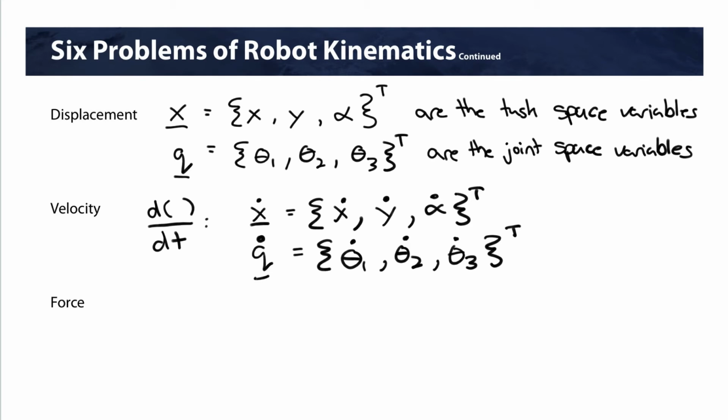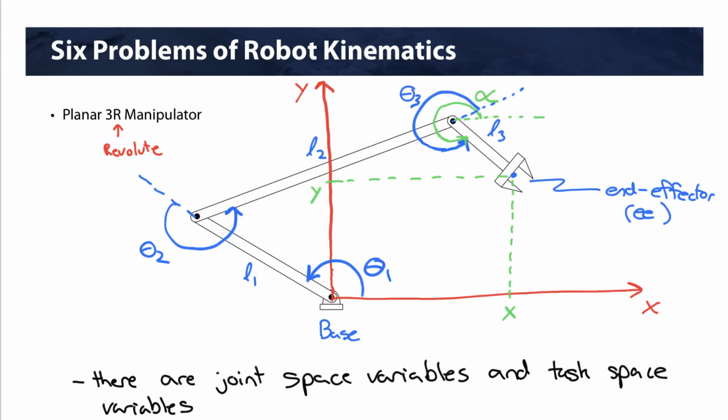So our last set of variables concern the static force problem. So in terms of the static force problem, we're going to have a wrench applied by our end effector, which is comprised of a force and a moment about the z-axis.